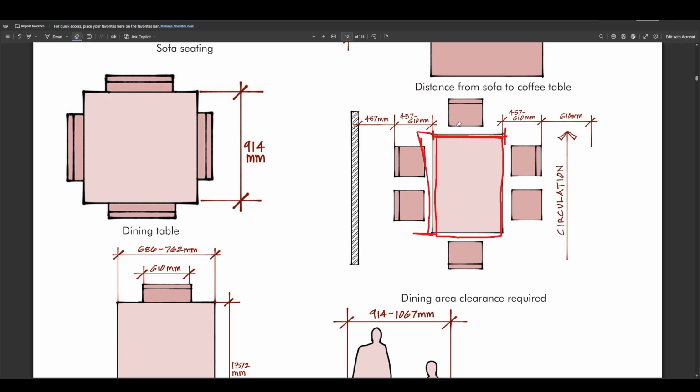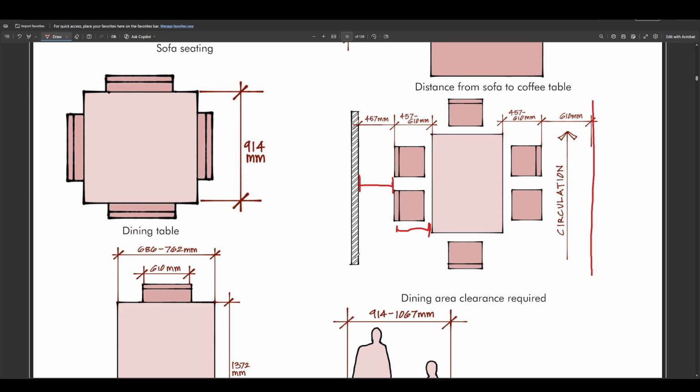Meaning, a minimum for a 6 seater sofa. Sorry, dining. Okay, so we need at least 2 feet and 1.5 feet, and same for this. At this side this is a wall, but at this side it's not necessary that there will be a wall or something.